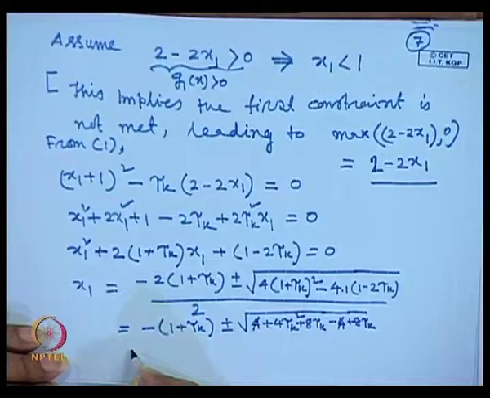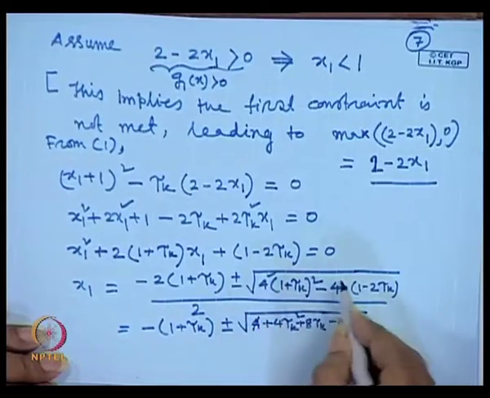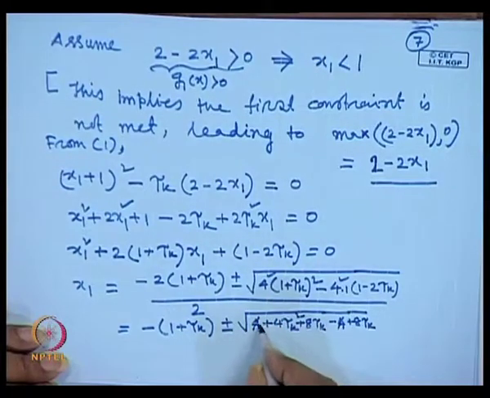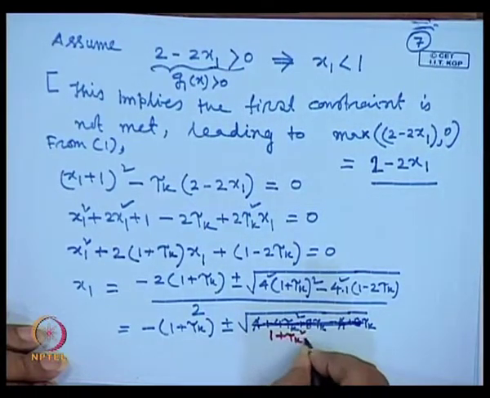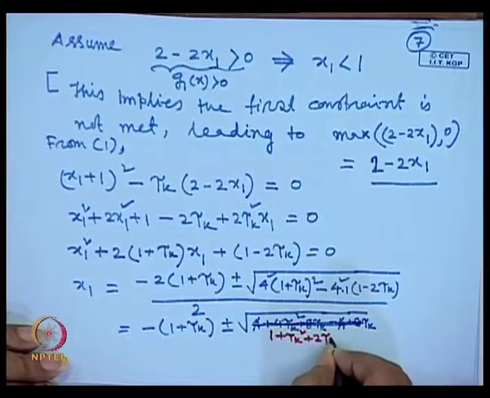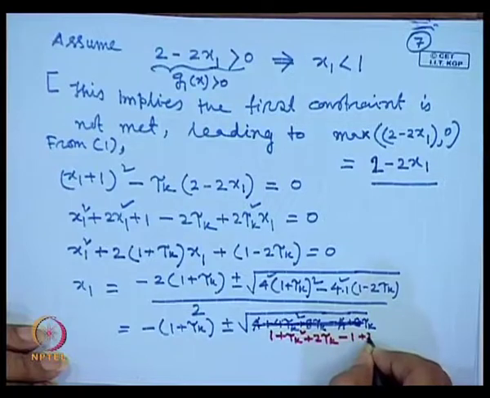So, now we have taken this out, 4 we have taken out, agree. So, this is left with that one only, 1 plus tau square plus 2 tau k minus 1 plus 2 tau k, agree.